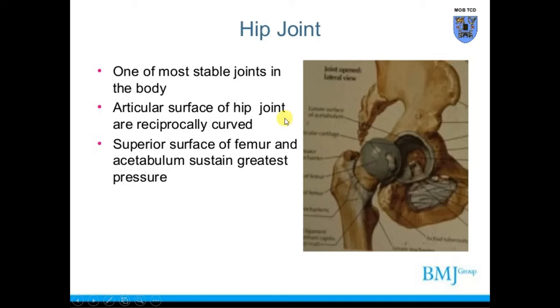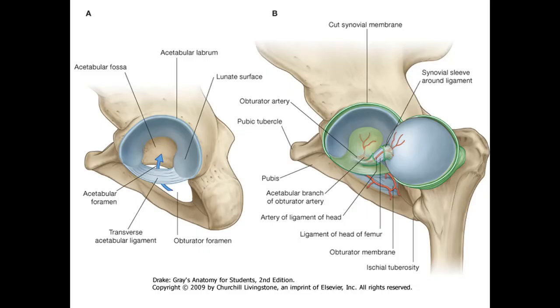The articular surfaces of the hip are reciprocally curved, meaning if one surface is concave, the other surface has to be convex, so that a ball can fit into the socket. Because they have to sustain great pressure from the body weight, here we can see a diagram showing the articular surfaces. Here is one articular surface over the hip bone.